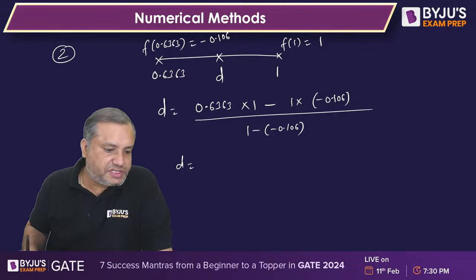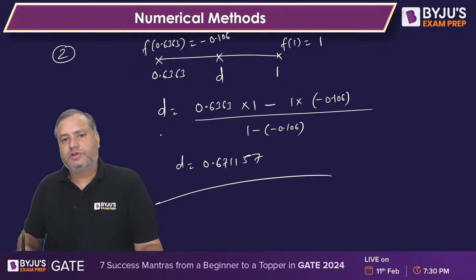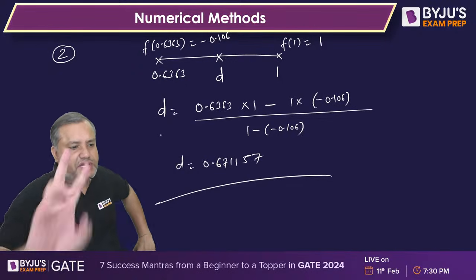So 0.6711 is the answer. Very good. This is the iteration result after second iteration.